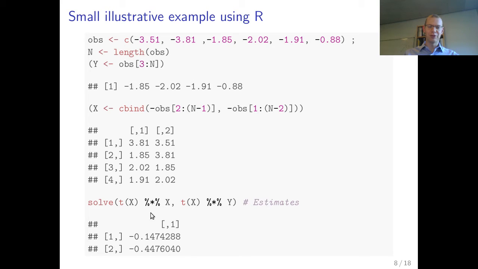Then we use the usual solution to get these estimates down here. Just as a very brief example. It's pretty much what we've done previously. It's just for an autoregressive model, but the estimation is the same.